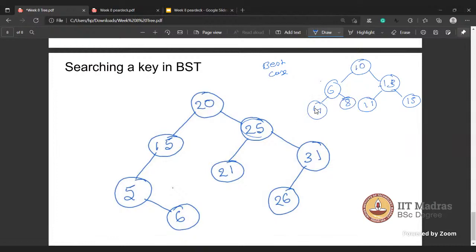That's it. Okay, so what is the number of elements? 1, 2, 3, 4, 5, 6, 7, right?